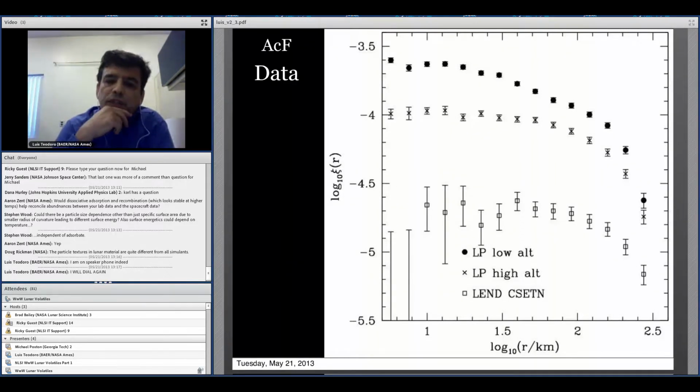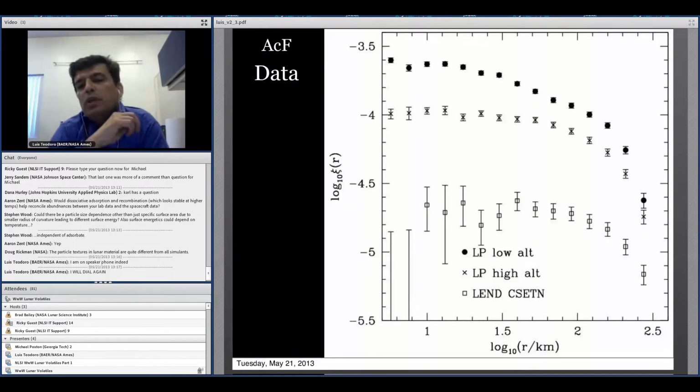So what we are learning out of this is that the autocorrelation function has two fundamental parameters: one is shape, and another is the amplitude. And the two bottom ones are rather similar in shape, and they are very different from the low altitude lunar prospector.